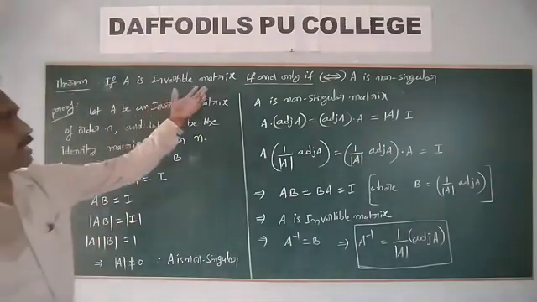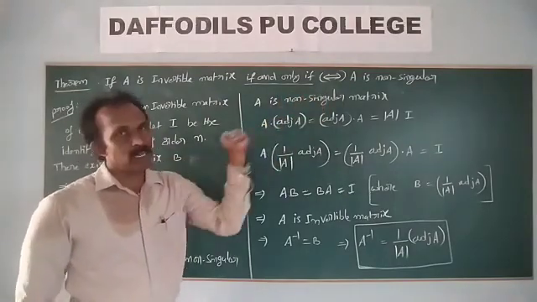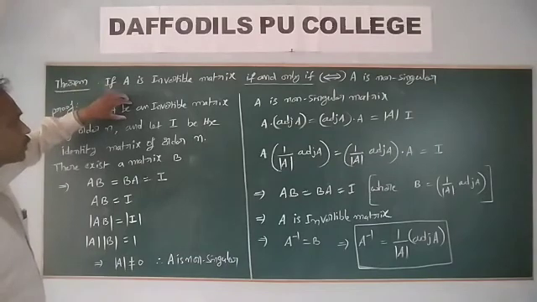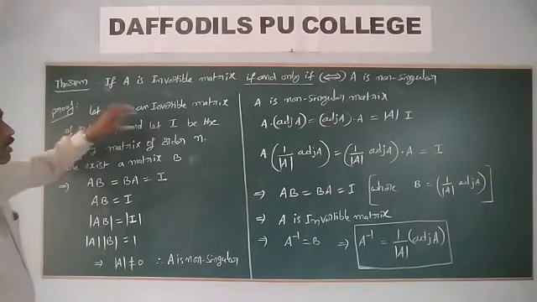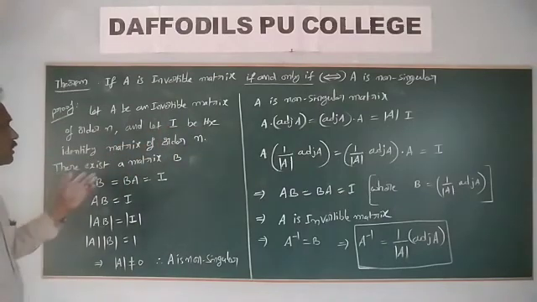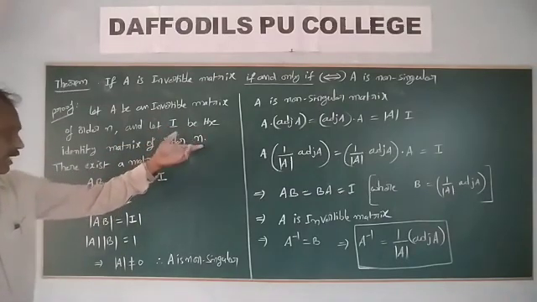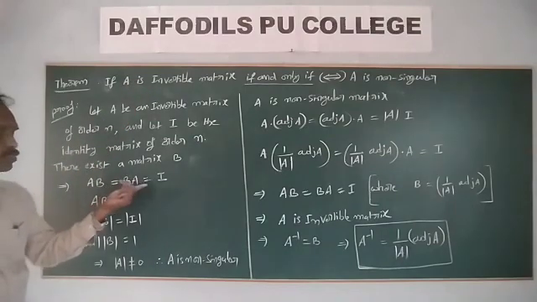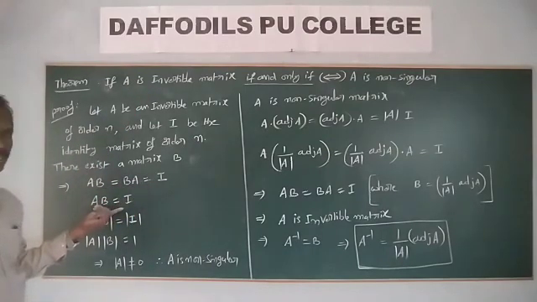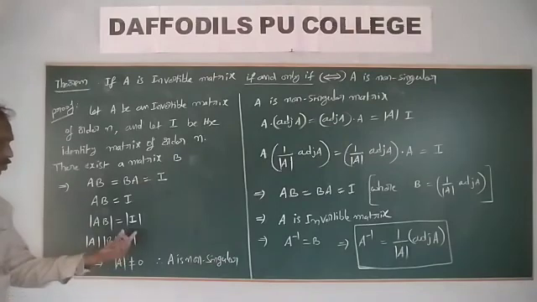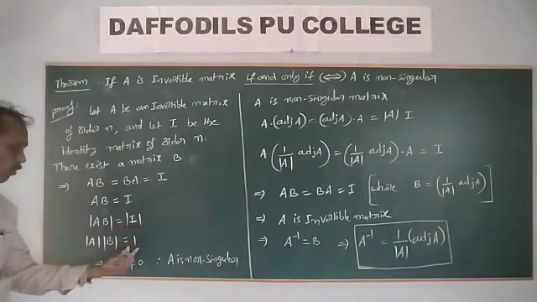Okay, this is the theorem: A is an invertible matrix if and only if A is a non-singular matrix. First we prove it: let A be an invertible matrix of order n, and I the identity matrix of order n. Then there exists a matrix B of the same order n such that AB is equal to BA is equal to I. Let's take the determinant on both sides and apply the property: det A det B is equal to the determinant of the identity matrix, which is 1.